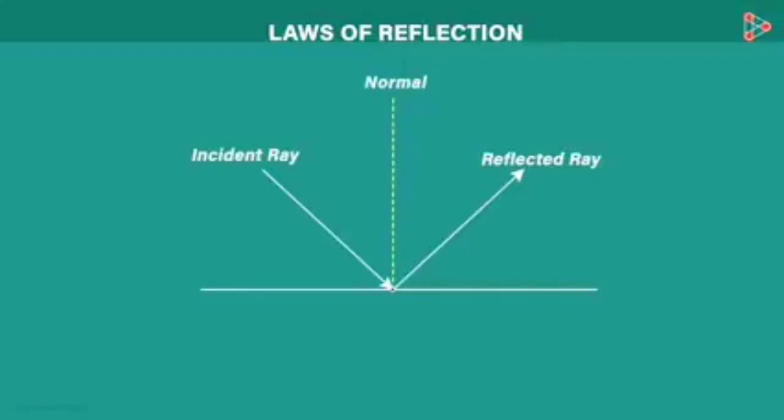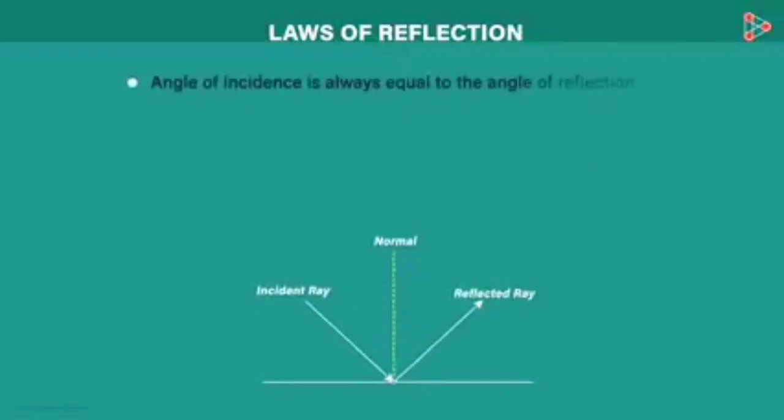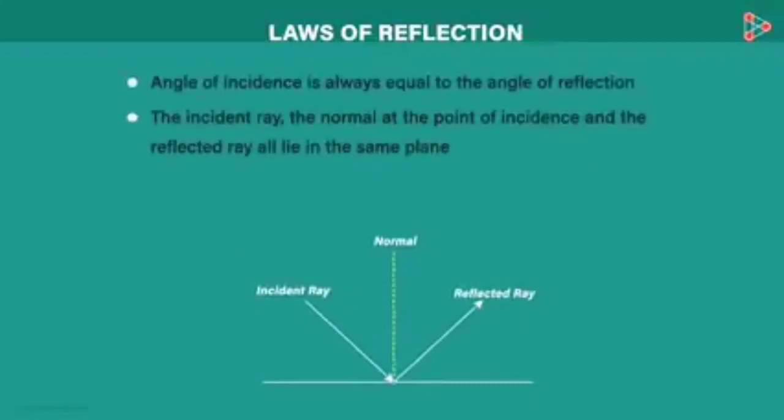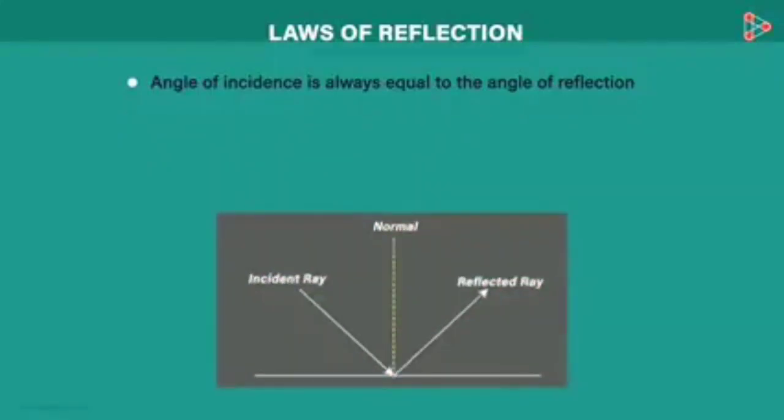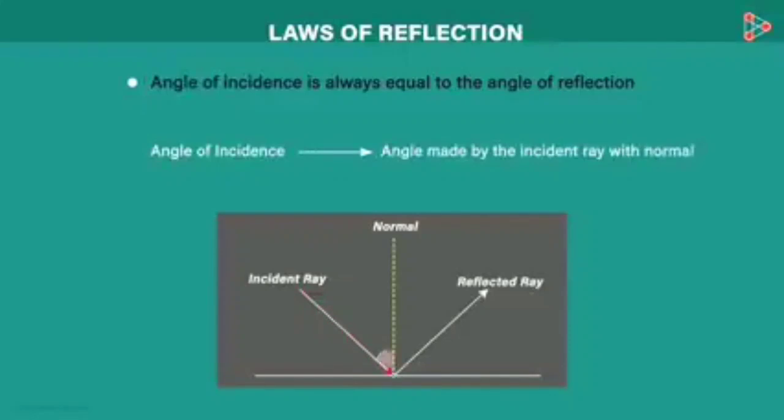For that, first of all we have to take an imaginary line which separates the incident ray and the reflected ray, which is called the normal, perpendicular to the surface. The first law of reflection states that the angle of incidence is always equal to the angle of reflection.